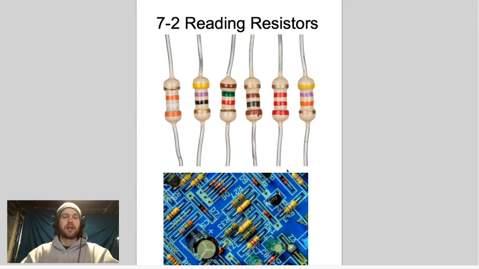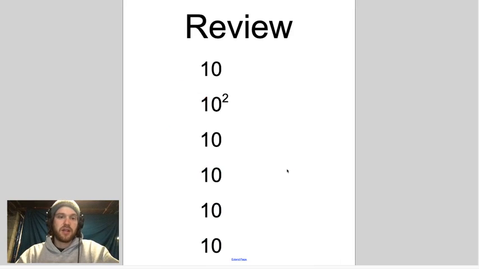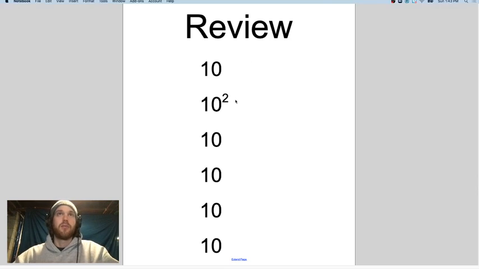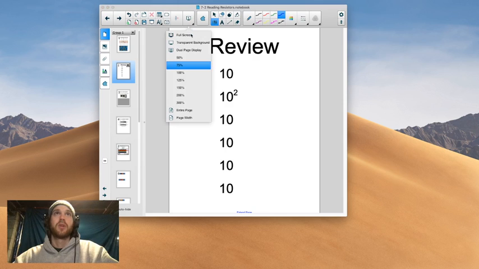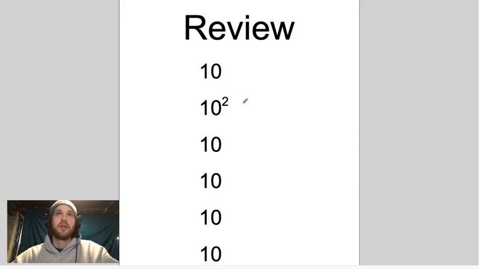current in a circuit. So like I was saying, before we start, let's go ahead and remind ourselves of the powers of 10. Remember, when you are dealing with powers of 10, a couple little tricks here. 10 to the second is equal to 10 times 10, so there are two 10s being multiplied.